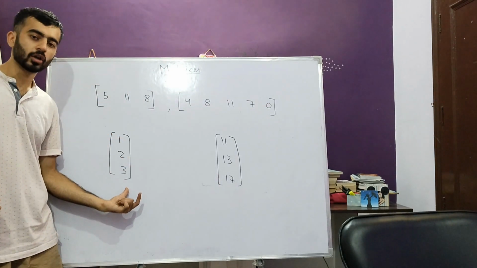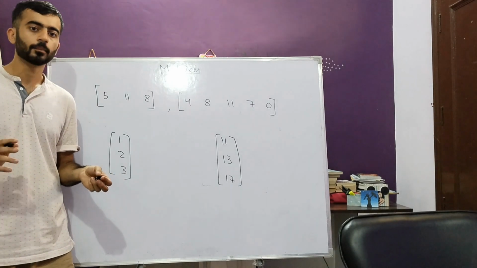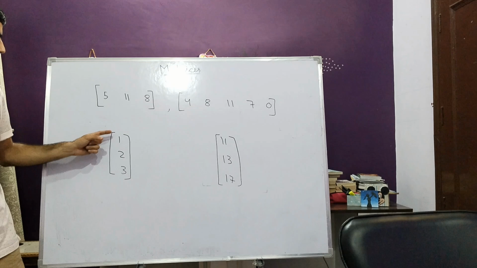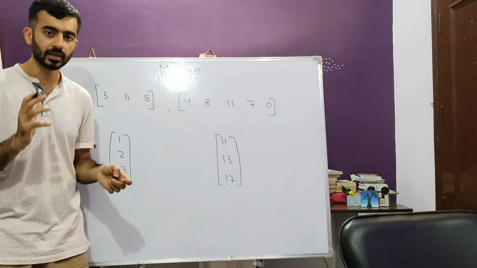These are the examples of column matrix, in which no matter how many rows there are, there should be one column only. In this matrix, there are 3 rows and 1 column. That's why it's called a column matrix.